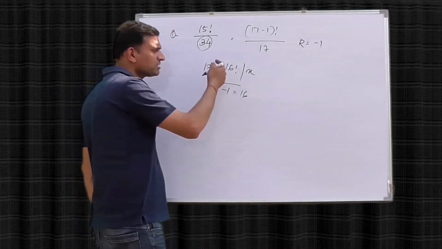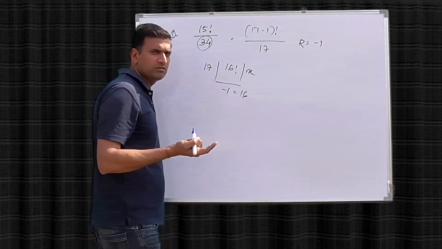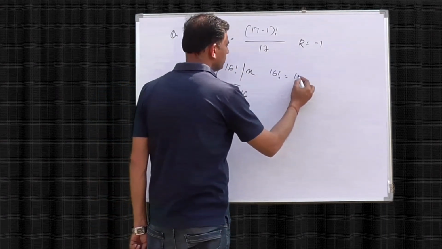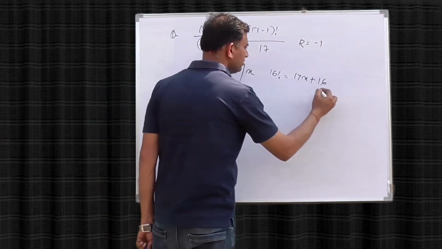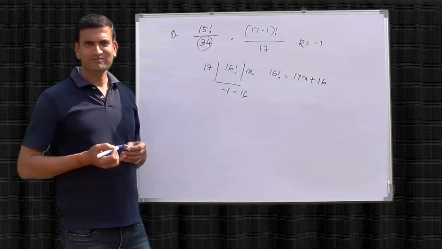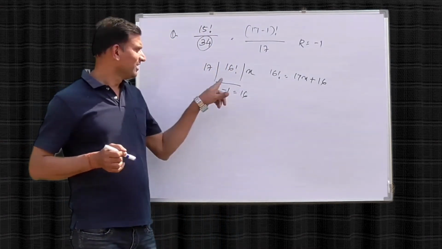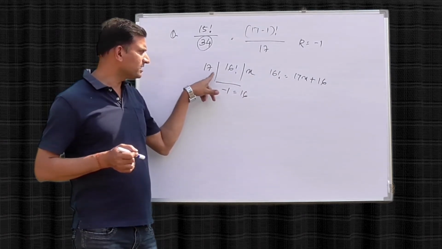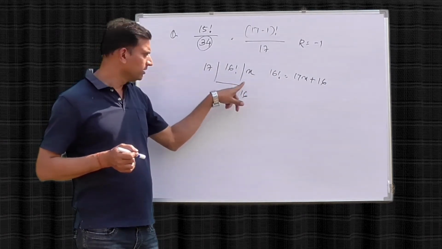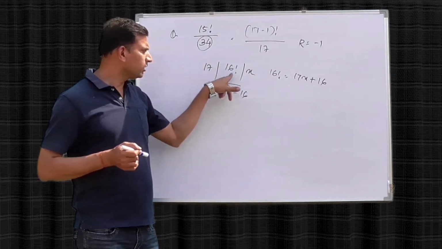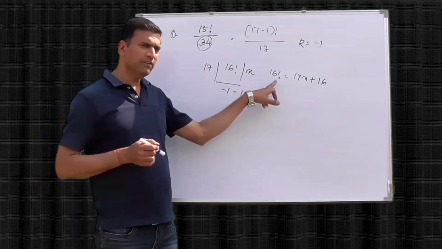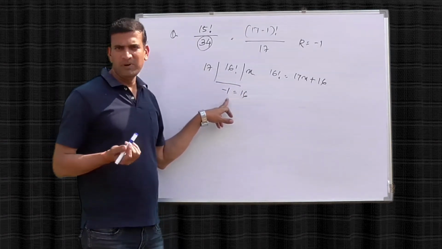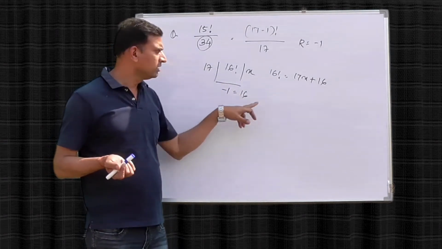So how can this 16 factorial be expressed? 16 factorial equals 17x plus 16. Isn't it? 17 into x means divisor into quotient plus remainder equals dividend. 16 factorial equals 17 into x, remainder is minus 1, that means plus 16.